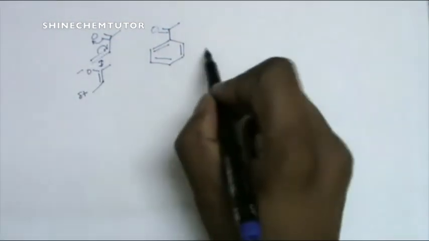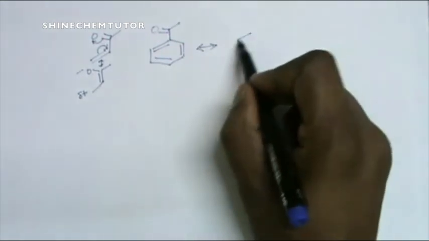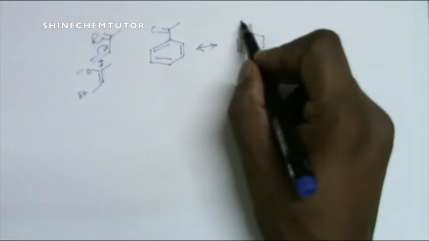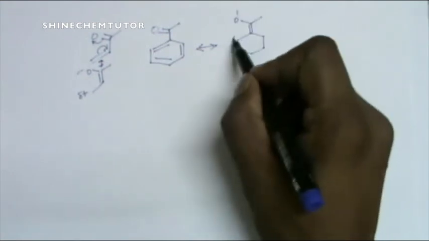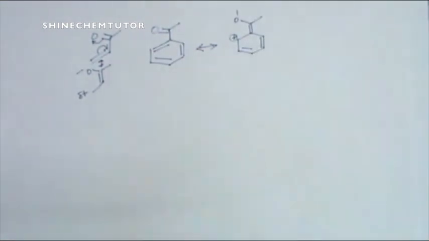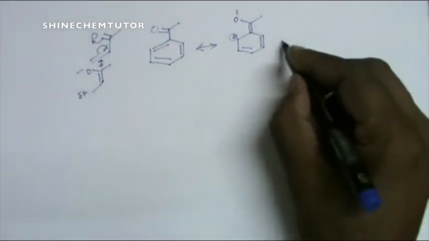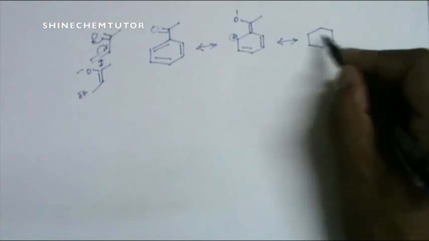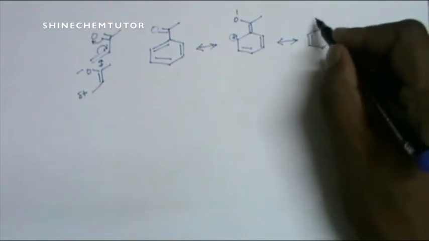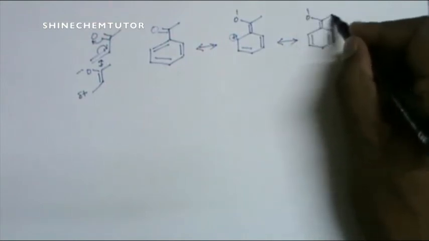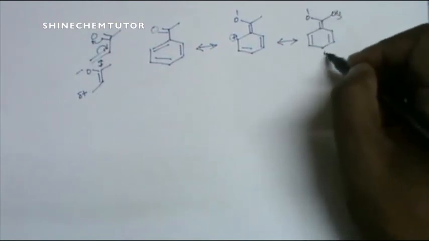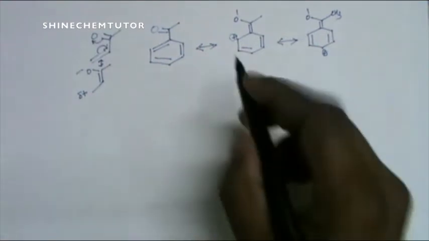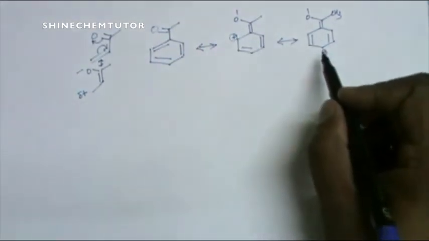The same structure is possible here also. This bond goes like this, O minus here, we get this. Further, I can move this. I get plus charge on this carbon. Now we have plus charge on ortho carbon and para carbon.